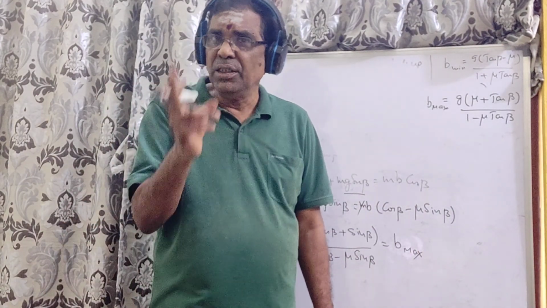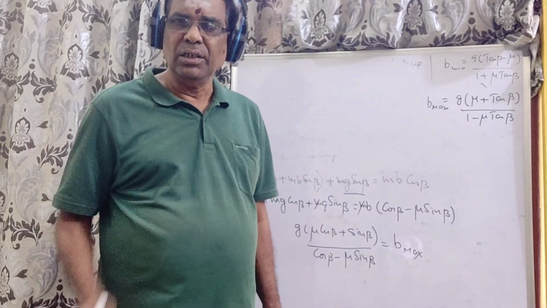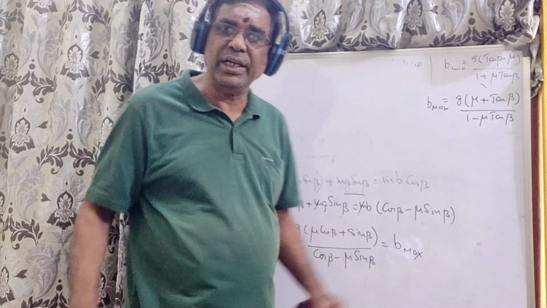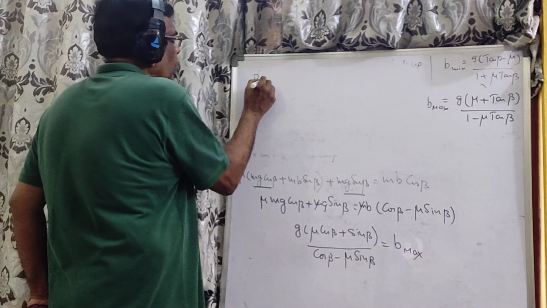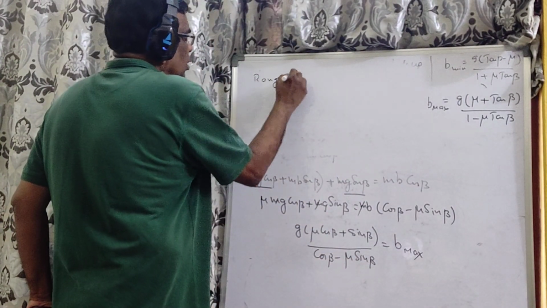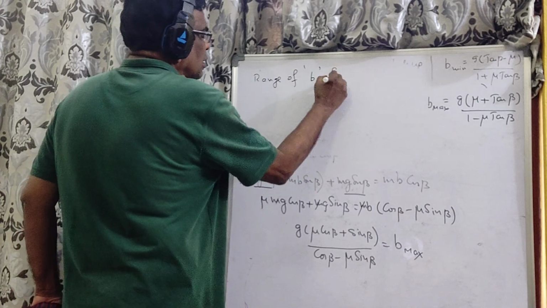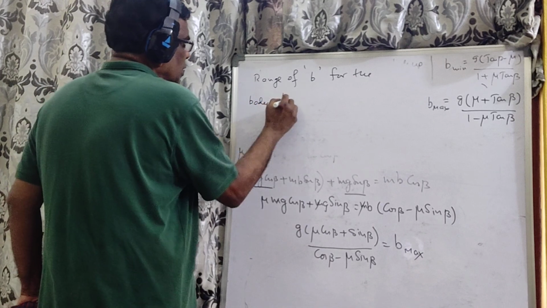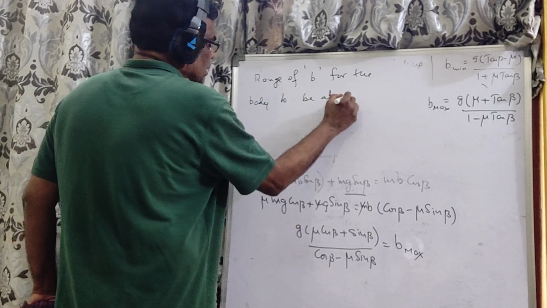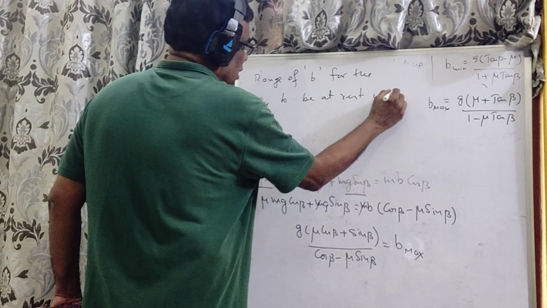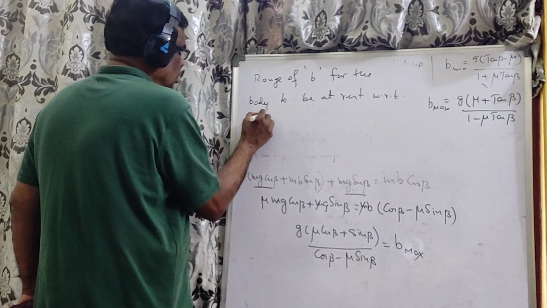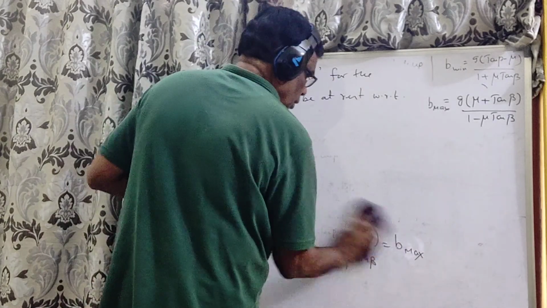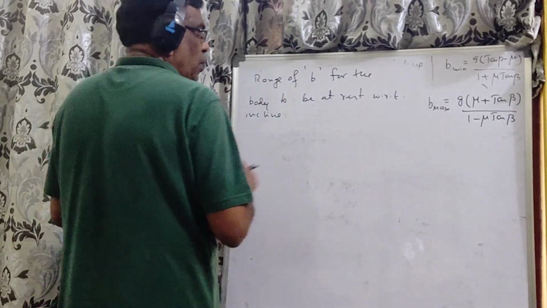The moment you bring in friction, you get the range of values for which the body is stationary. What is the range of B for the body to be at rest? At rest with respect to incline, remember. Okay? What should you do?